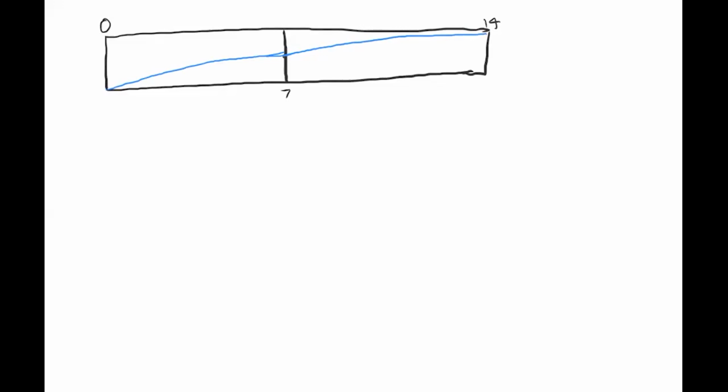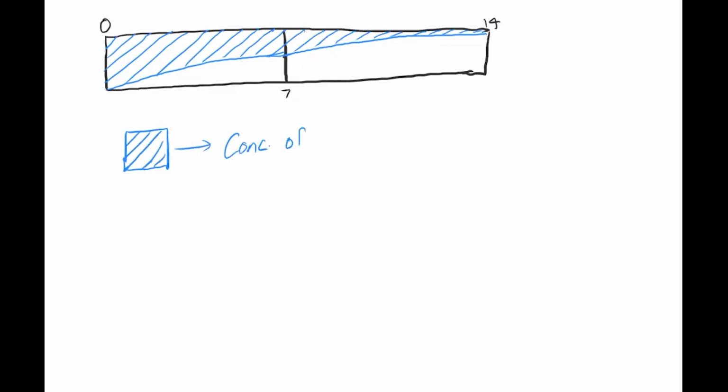Now all this part which I'm shading blue, this shaded part which is blue, shows the concentration of H plus ions. Okay, so we can write it as this.